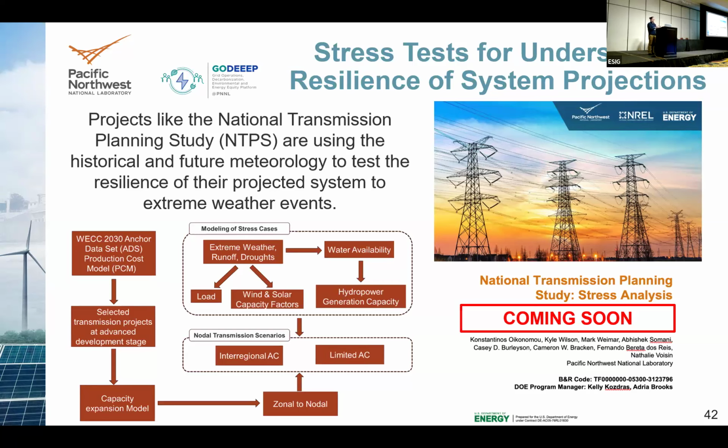But using our coincident data sets and that TGW methodology, they're able to replay those exact events under warming conditions, and holistically using all of the data that I mentioned, get a really nice picture of what future stress might be. This report is coming out soon.